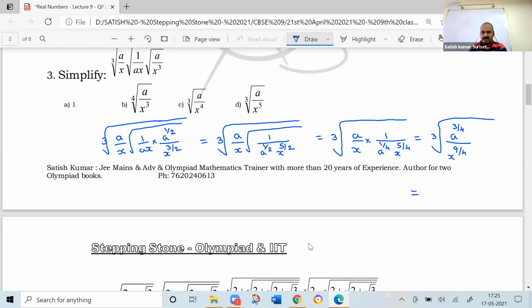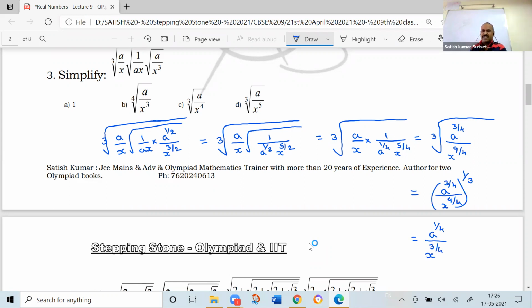So a to the power of 3 by 4 upon x to the power of 9 by 4 whole to the power of 1 by 3. So this will be the same as a to the power of 3 by 4 whole power 1 by 3, means a to the power of 1 by 4, upon x to the power of 9 by 4 into 1 by 3, means x to the power of 3 by 4.